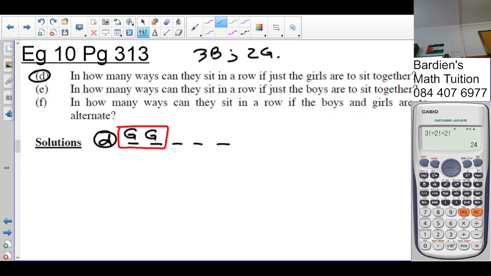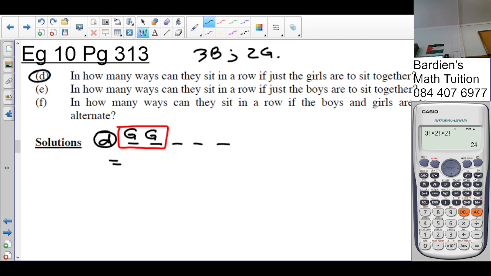So you write down the calculation. What do you think the calculation would be? So what do you think this calculation is going to be?